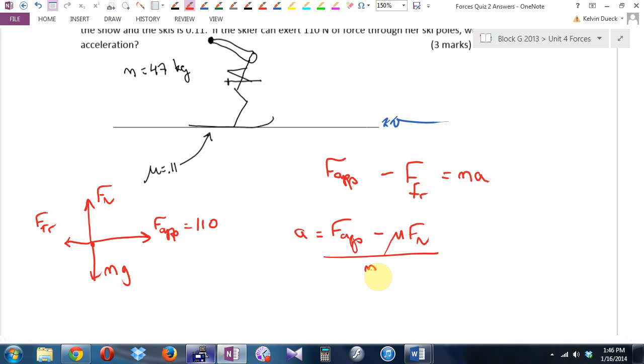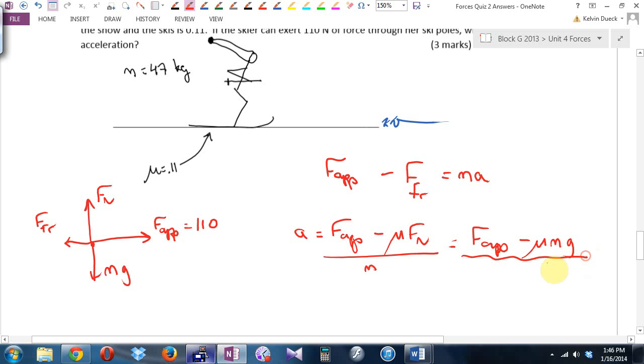Oh, but look. I know another force the same size as the normal force. So I think I can go like this. Applied minus mu mg all over m. I think the acceleration is going to be 110 minus 0.11 times 47 times 9.8, all over 47.